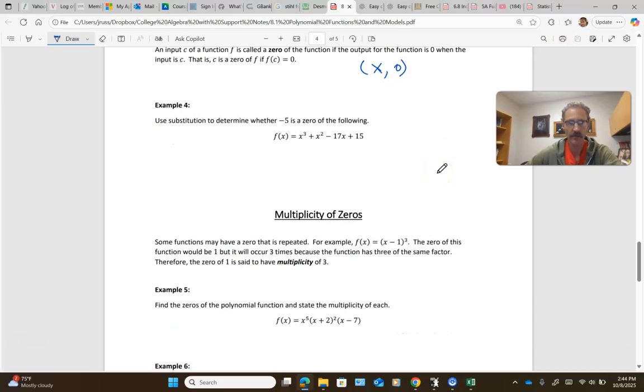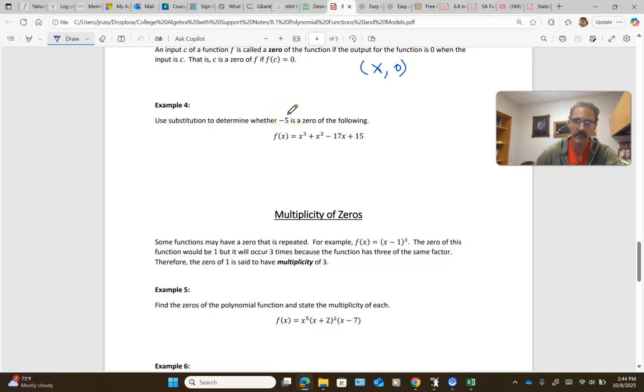Alright, so example 4, the first thing we're going to do is use substitution to determine whether negative 5 is a 0 of the function. Well, if negative 5 is a 0, we should be able to plug it into the function and get an output of 0. You could actually graph it and see if it crosses or touches the x-axis at negative 5.